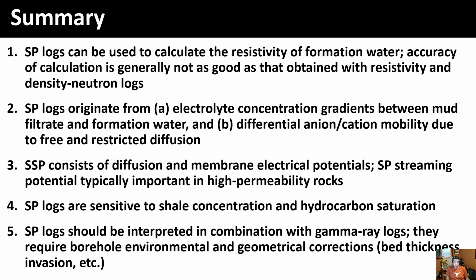And SP logs are sensitive to shale concentration and hydrocarbon saturation. We also need to take into account bed thickness effect, invasion effects, anything that could bias the deflection of the SP for the calculation of RW.